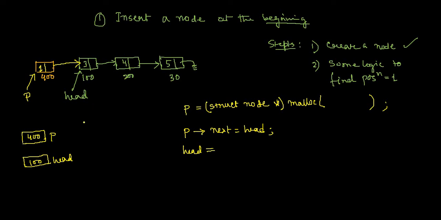So head should be initialized with 400 so that it can point to the new node. I cannot write 400 directly, but I can write P, because P contains 400. So as soon as this statement gets executed, head will no longer point to the old first node; rather, head will now point to the new node.